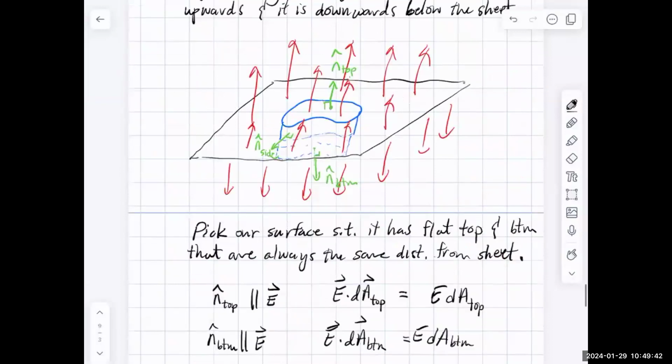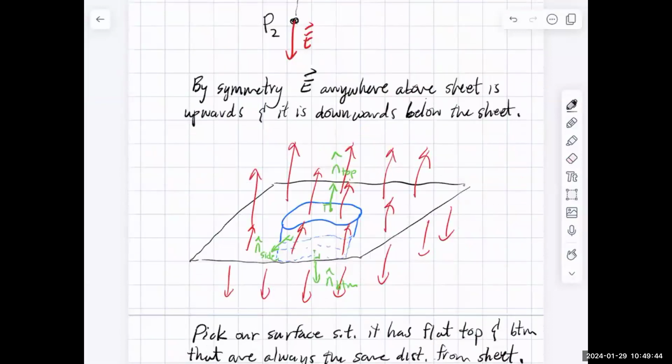So if we come back to this picture that we had, the area of this top surface, let's just call it area A. And the bottom surface will have the exact same area.